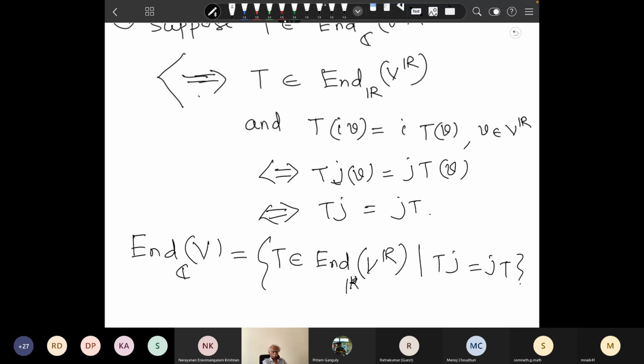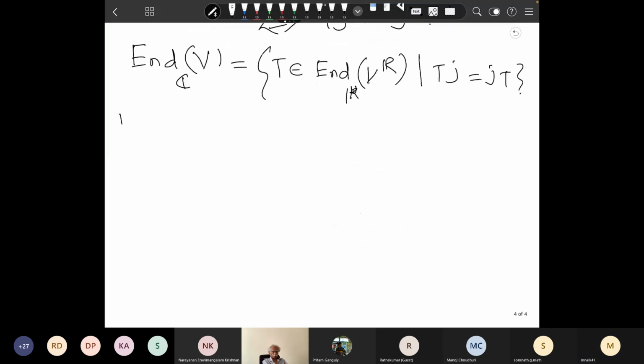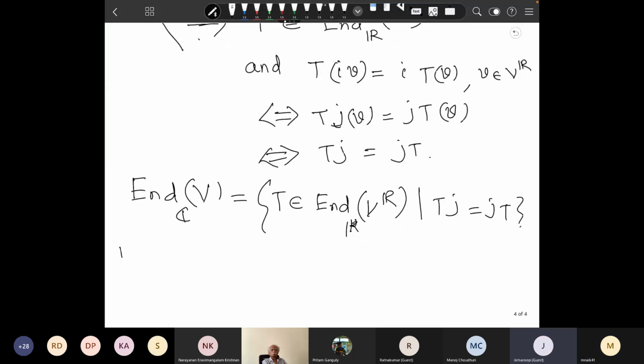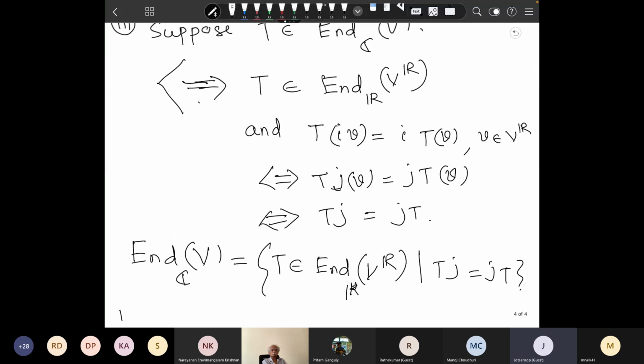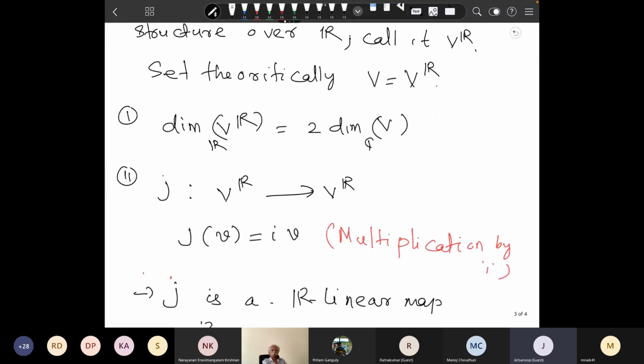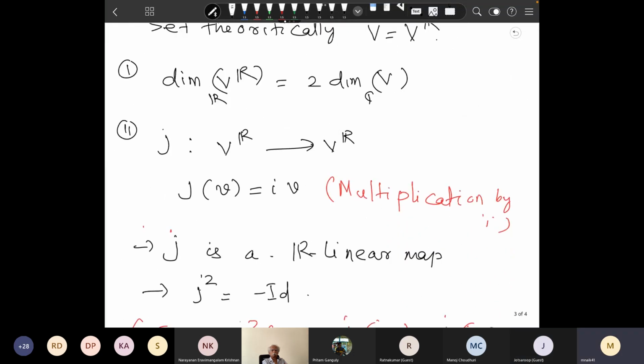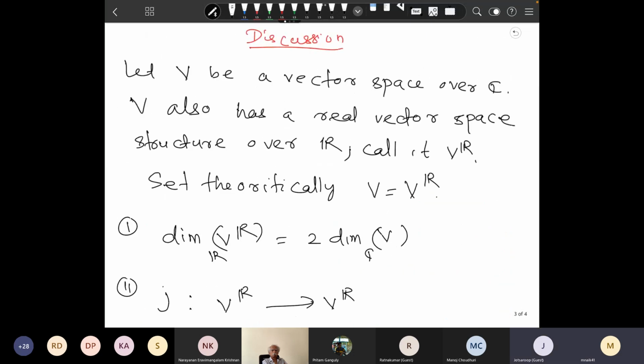Now fourth. Sorry, Muna, because of some network issue, I missed the previous thing. How do you define complex structure on V? Okay, V_R. V is a complex vector space that has a real vector space structure that I am calling V_R, just a different notation.